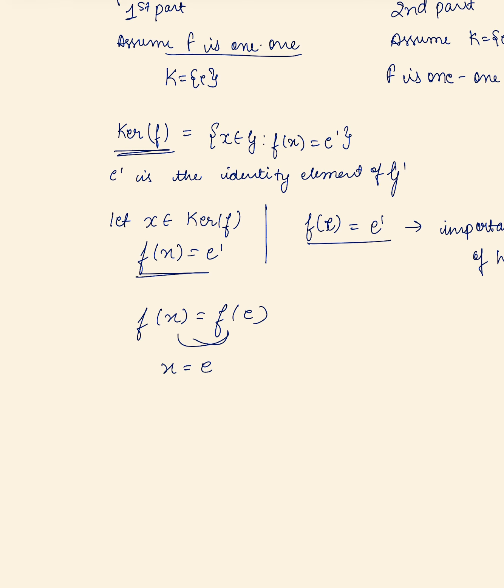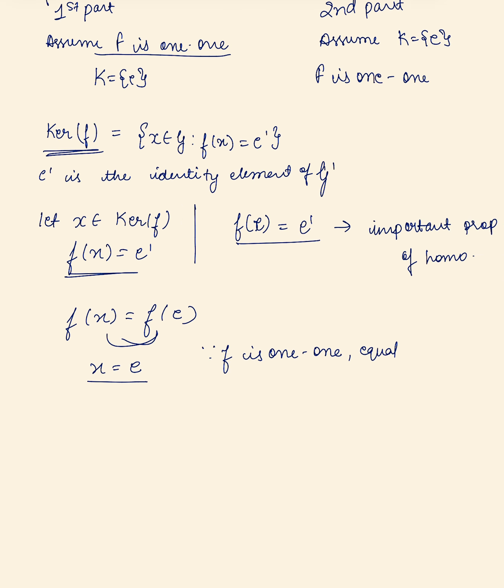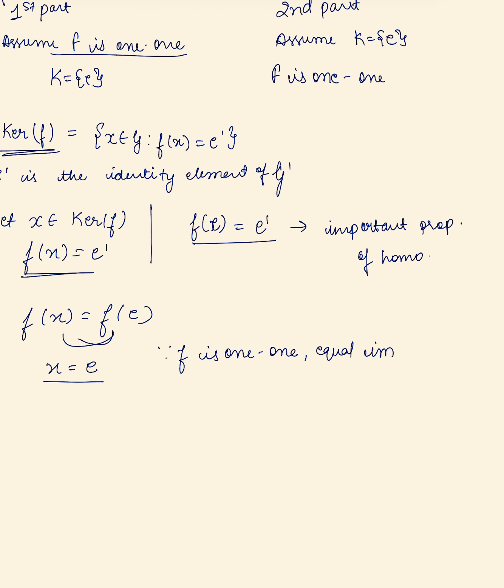So we can write x equals e, since f is one-one, so equal images give equal elements.